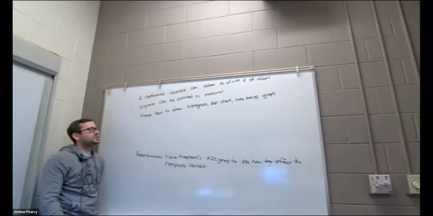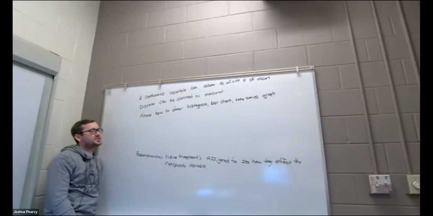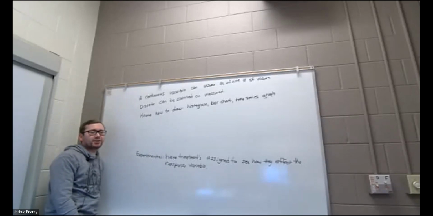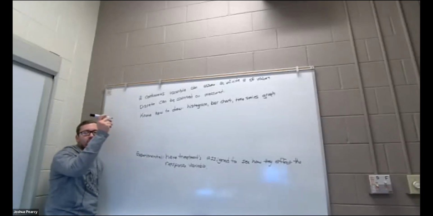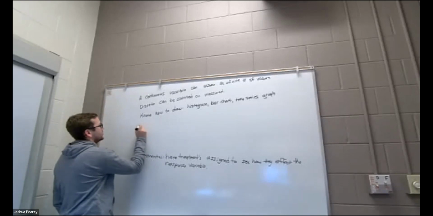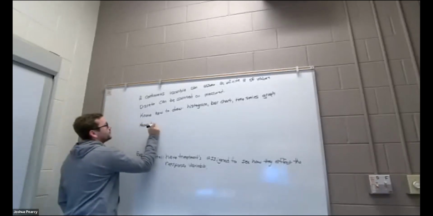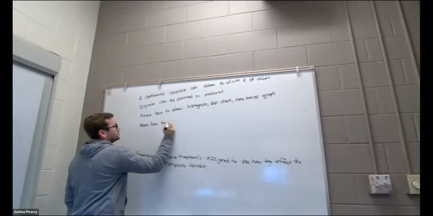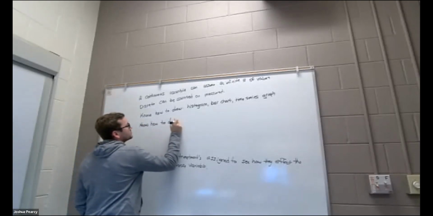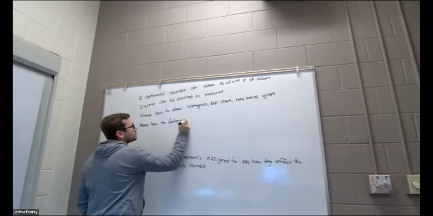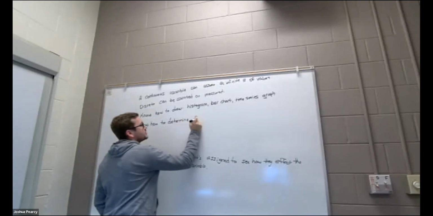So given any of these, you should be able to determine what is the frequency of that if I give a height on the bar. So know how to determine frequency.